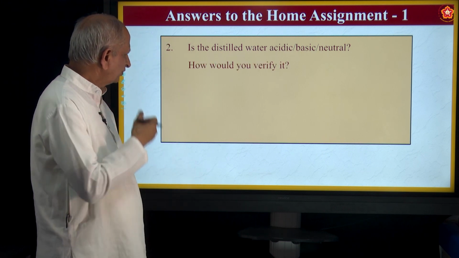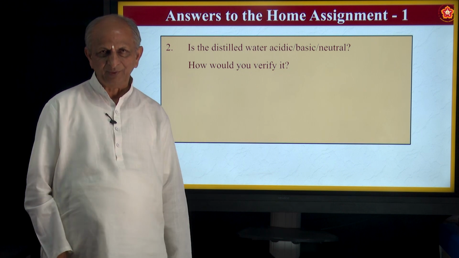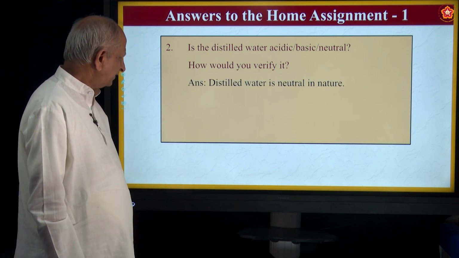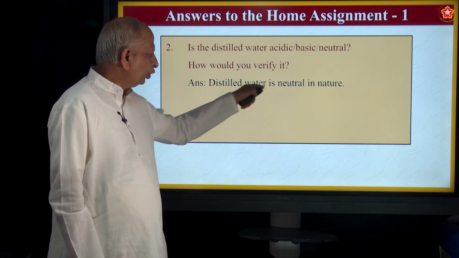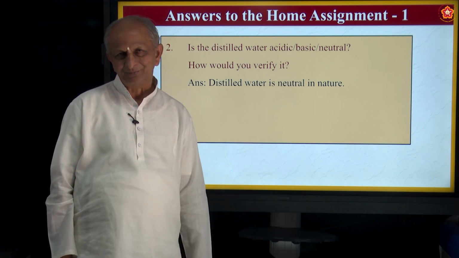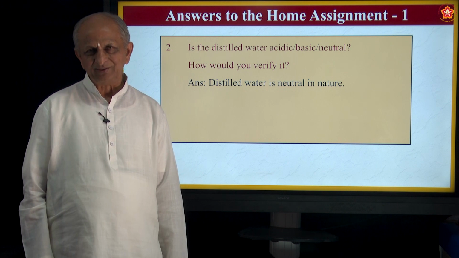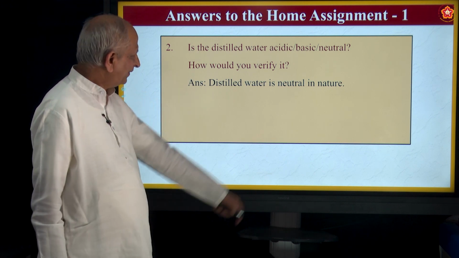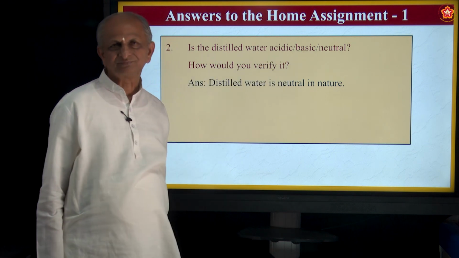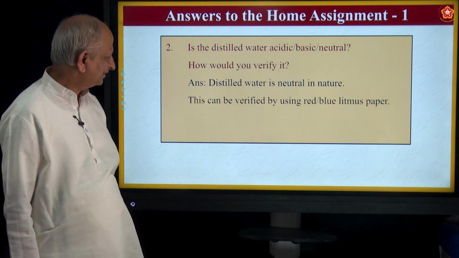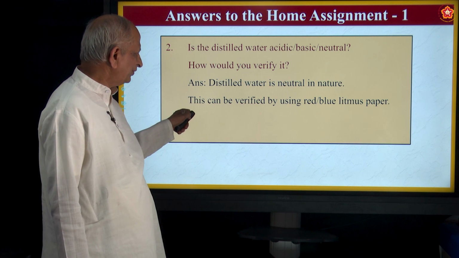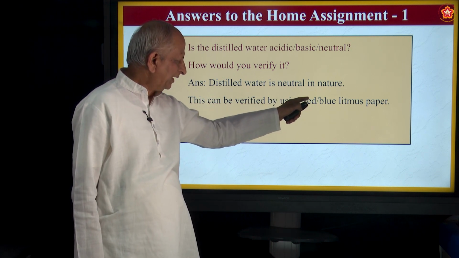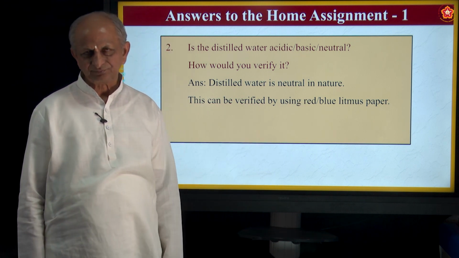Okay. So how do you verify whether it is acid or a base? Distilled water is neutral in nature. Neutral means what? Neither acidic nor basic. And this can be verified by using red litmus and also blue litmus.